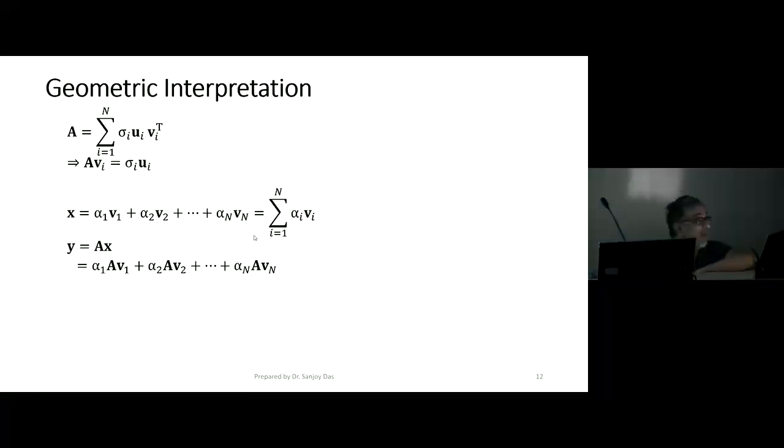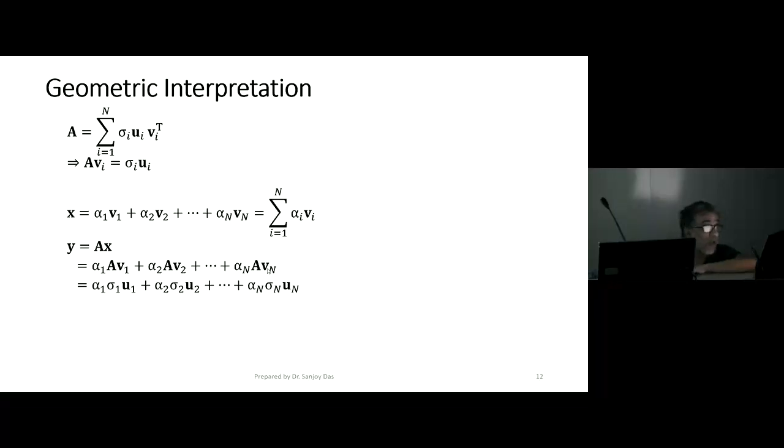Okay. And each A Vi can be replaced with sigma i ui. So this is sigma 1 u1 until sigma n un.